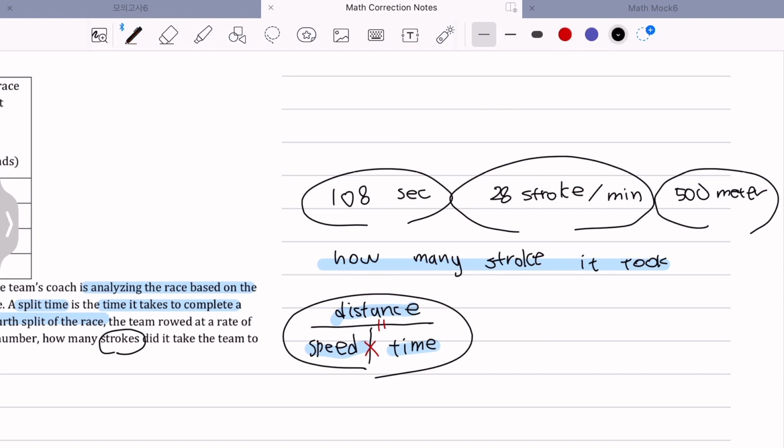So in this case, it's asking for the distance it ran, right? So distance, I will treat as x, and speed is 28 strokes per minute, and time is 108 seconds.